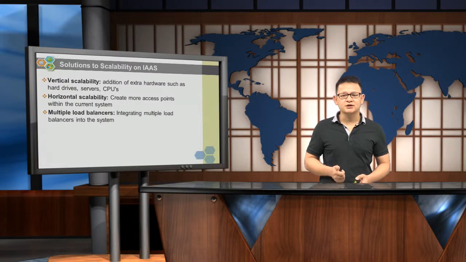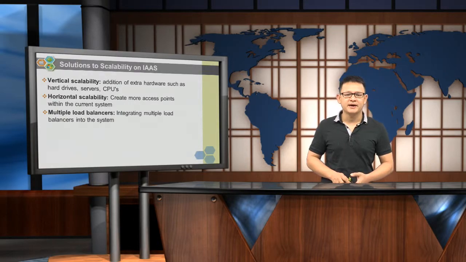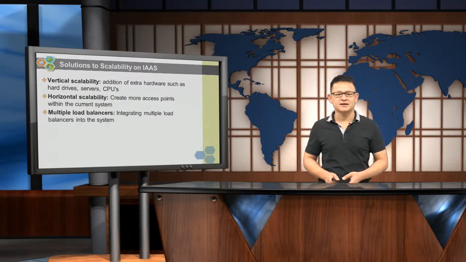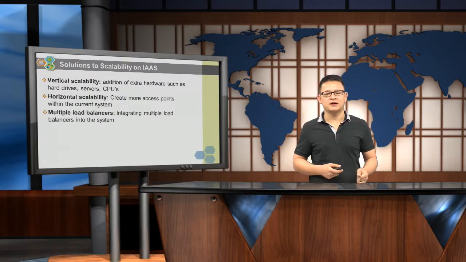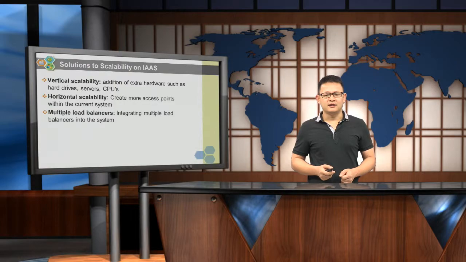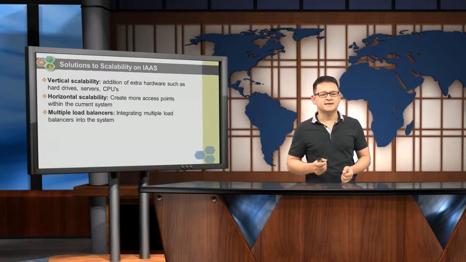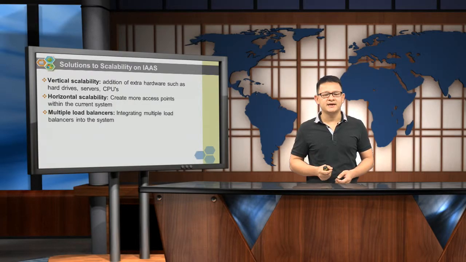Horizontal scalability is really just a quick fix for a growing or expanding cloud. It also serves as a sort of buffer for vertical scalability. Horizontal scalability is intimately associated with the manner in which points of access are distributed across a network.